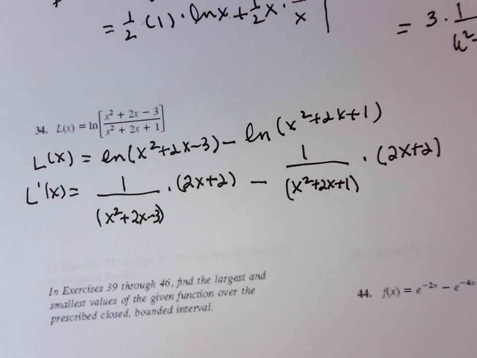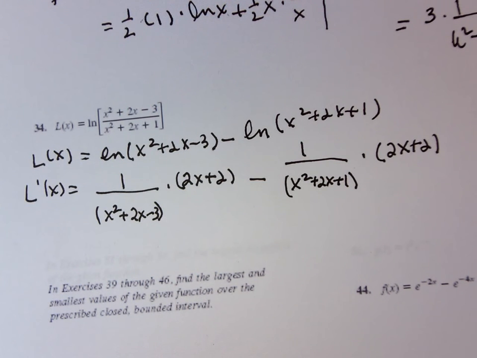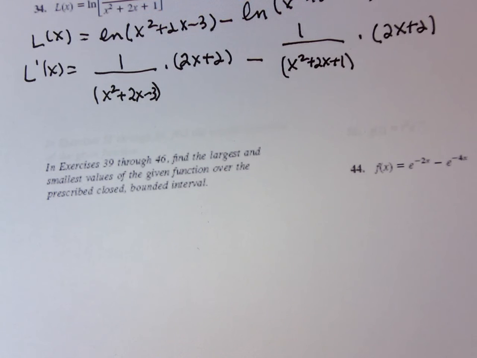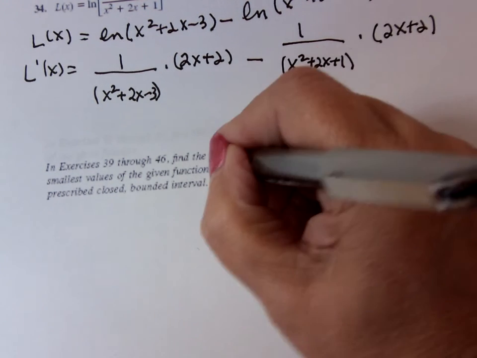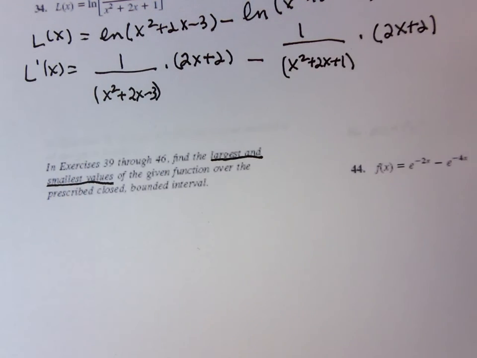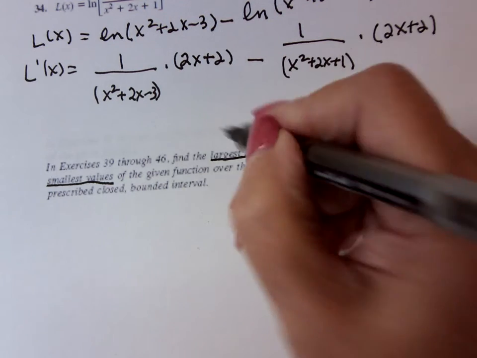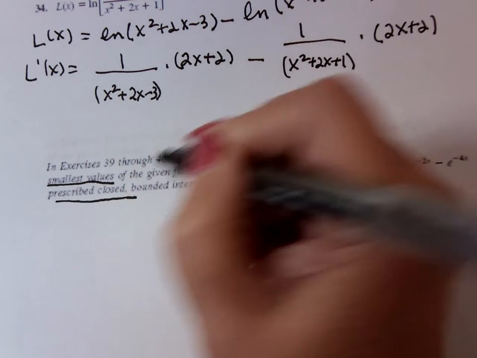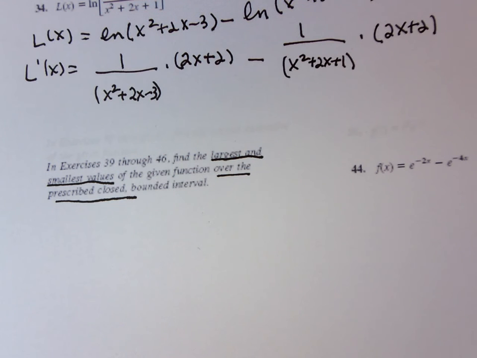Now, the next problem has shades of the test. So here we go. In problems 39 through 46, find the largest and the smallest values of the given function over the prescribed closed bounded interval. What am I looking for? Max and min. What kind of max and min? Absolute.